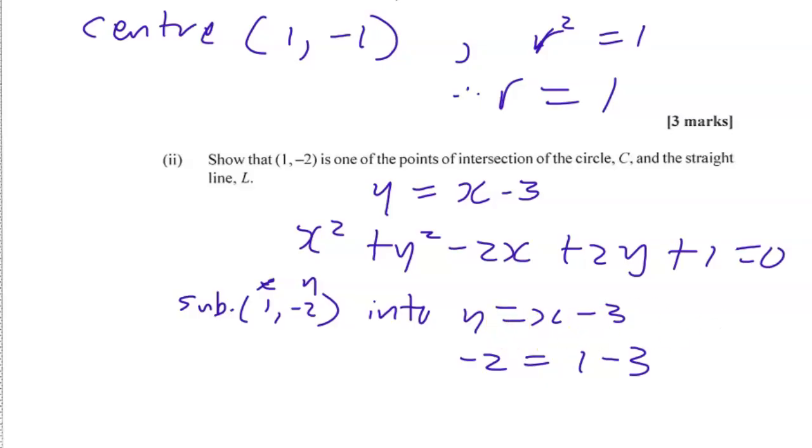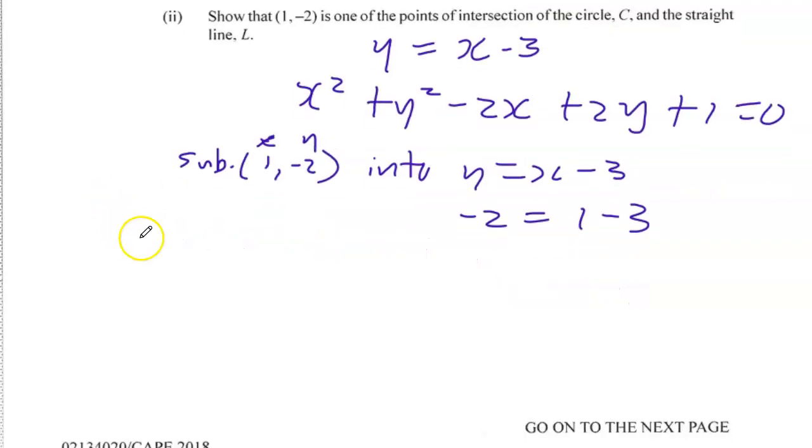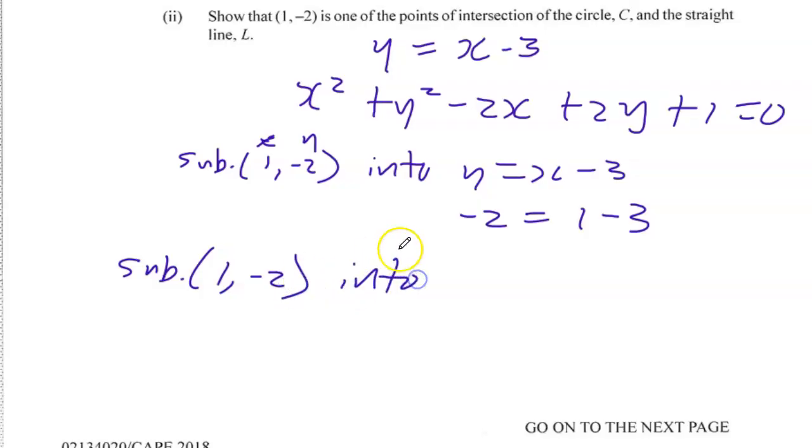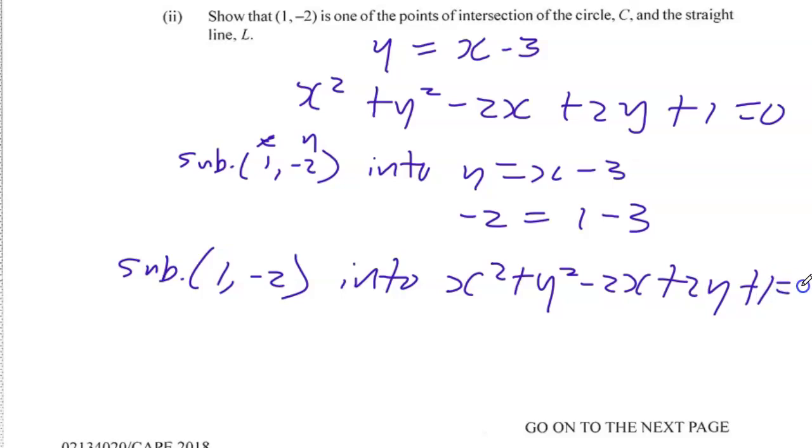Let's test if it satisfies the circle equation now. So we substitute 1, negative 2 into the circle. So replace x with 1 and y with minus 2. 1 squared would be 1, plus, if y is minus 2, you square that, you get positive 4, right?